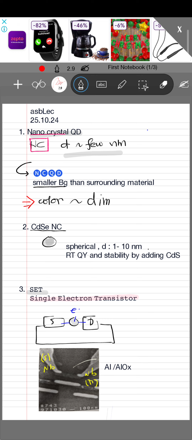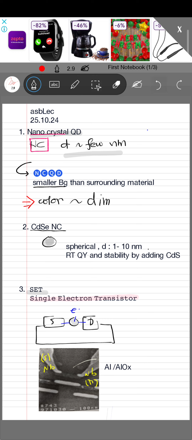The first example is a cadmium selenide nanocrystal. Cadmium selenide nanocrystals usually remain in a spherical shape with a diameter of 1 to 10 nanometers, and they are advantageous because they have very good luminescence properties.